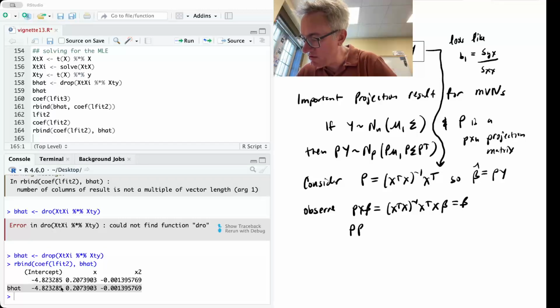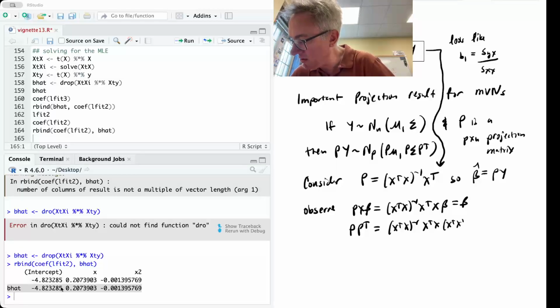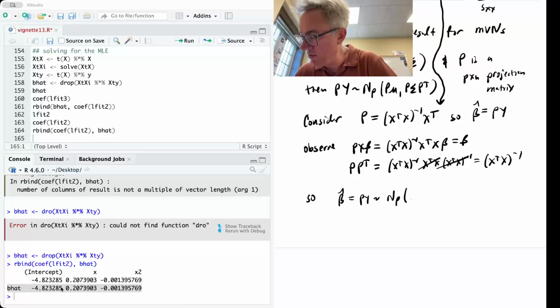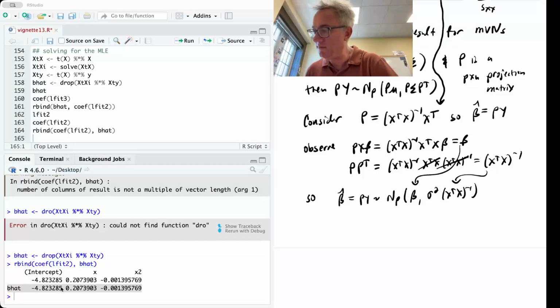And P times P transpose, thinking about the sigma as a scalar times the identity, is (X transpose X) inverse X transpose X (X transpose X) inverse, so I'll get some cancellation, is (X transpose X) inverse, and therefore beta hat, which is a projection of Y, is p-variate normal with a mean of beta, that's this guy coming in here, and a covariance of sigma squared times (X transpose X) inverse coming from there.